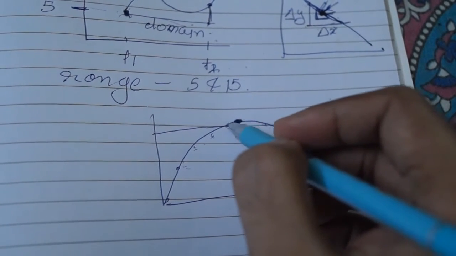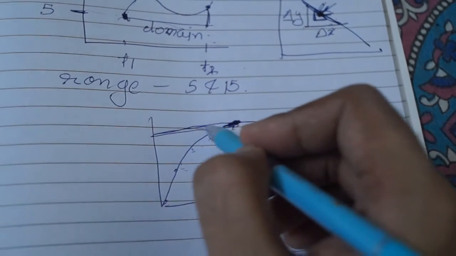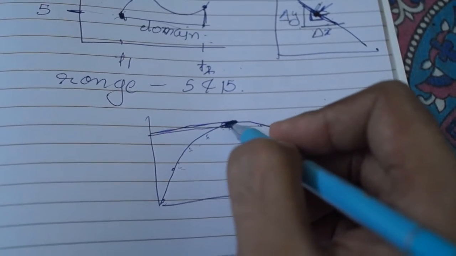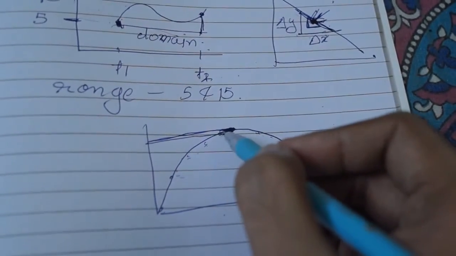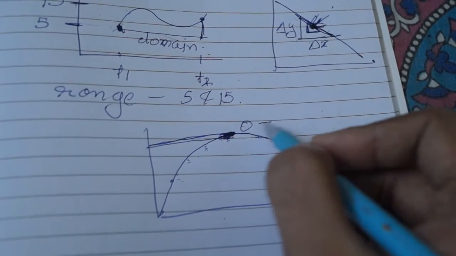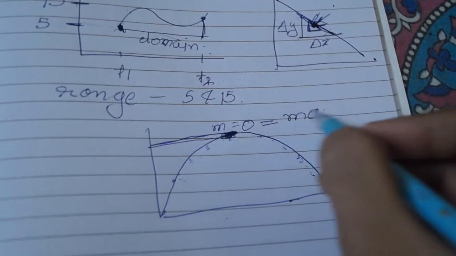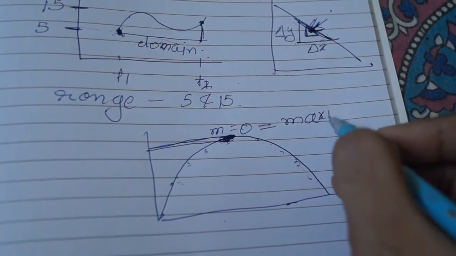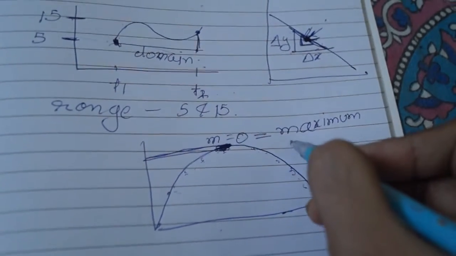So if at some particular point the derivative is equal to 0, if we put the x value into the function and the resultant is 0, then this will give us the maximum height.